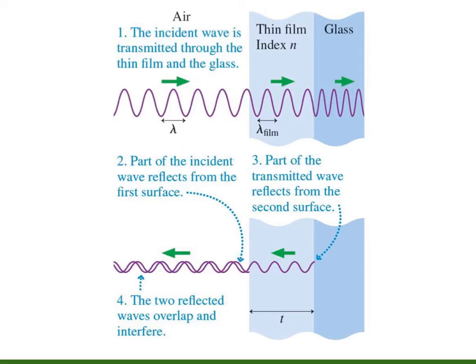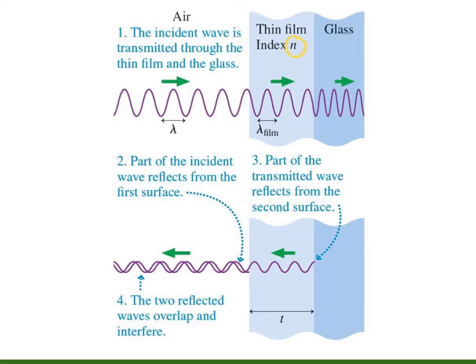A couple of things to note before we go into all the details are that as light goes from air into the thin film and into potentially a third medium, it's going to change wavelengths. The frequency is going to stay the same, but it changes wavelengths, so it reduces in speed according to its refractive index, which is N. So each different medium will have a different refractive index that changes its wavelength and its speed.